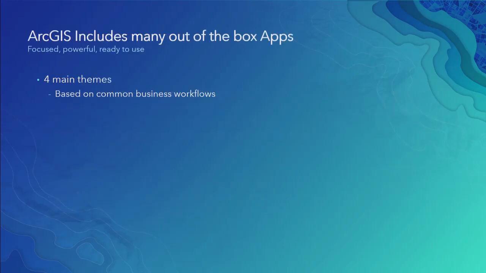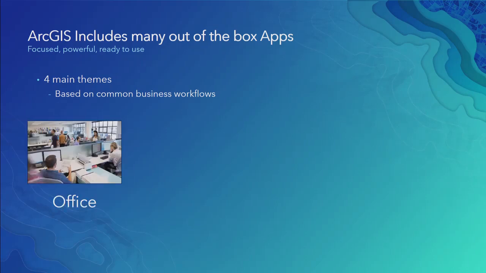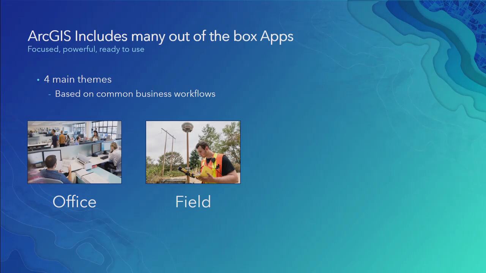So getting back into what types of apps we have, they are based around four main themes. The first one, and the one that we're going to talk about today, are apps for the office. We also have apps for the field that help your people out in the field collect data, pass it back to the office, or track the people that are out in the field.